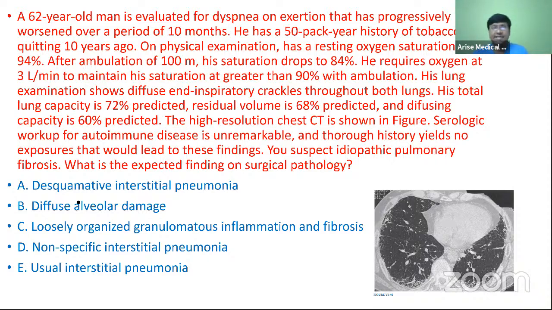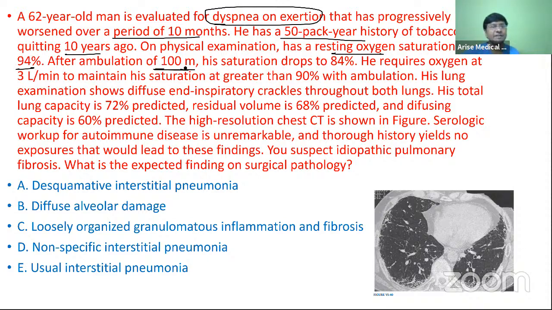A 62-year-old male is evaluated for dyspnea on exertion that has progressively worsened over the period of 10 months, and he has a 50-pack history of tobacco, quitting 10 years ago. On physical examination, the resting oxygen saturation is 94%.